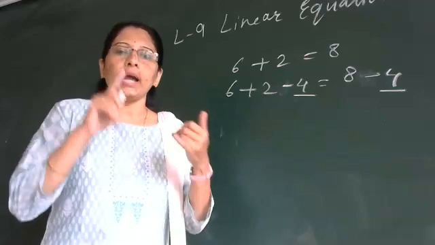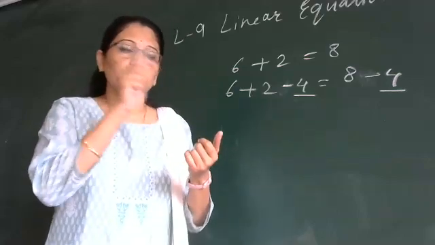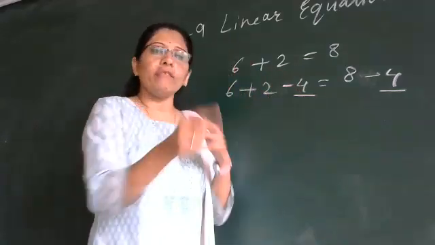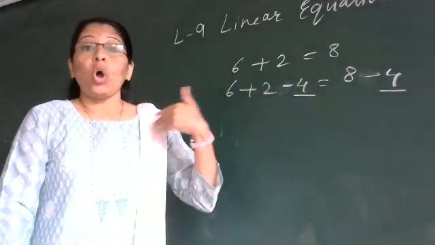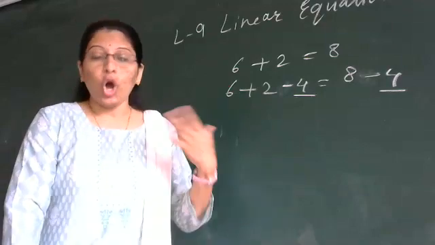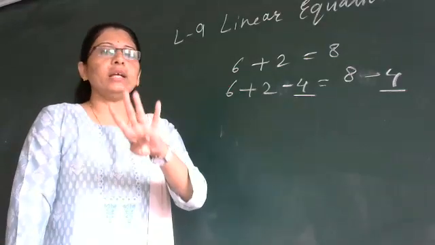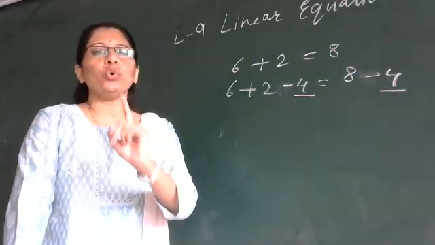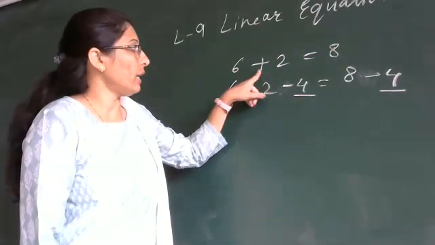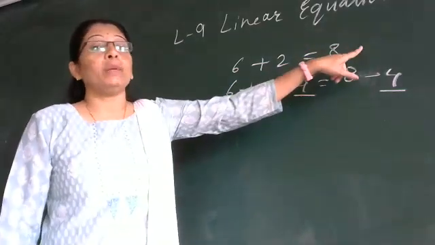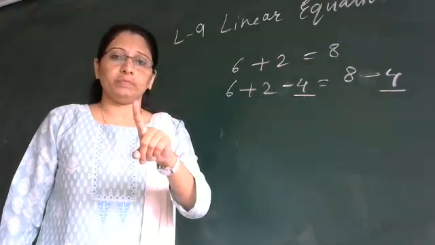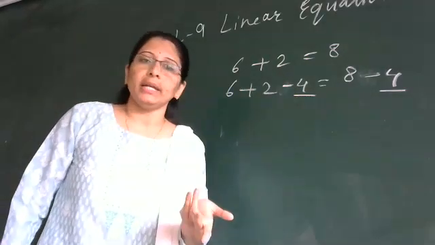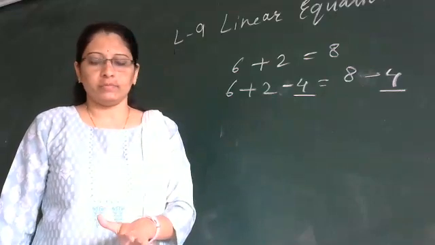Either we can add the same number to both sides, or subtract, or multiply, or divide. Any one of these four options we can use, but both sides should get the same number.